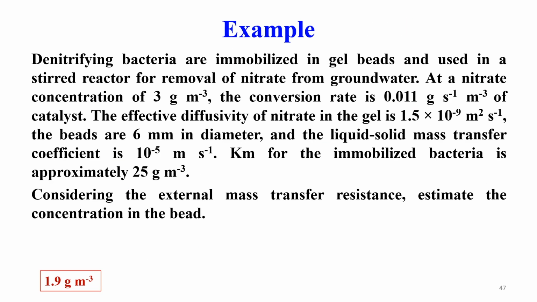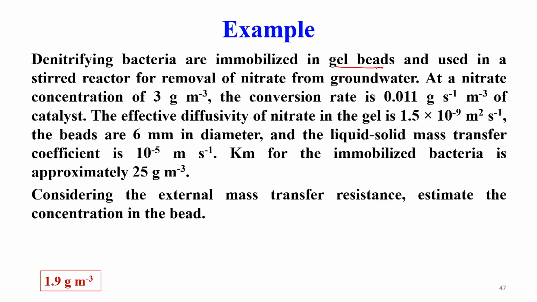We will have a quick example here only based on external mass transfer. It says denitrifying bacteria are immobilized in gel beads and used in a stirred tank reactor for the removal of nitrate from the groundwater.